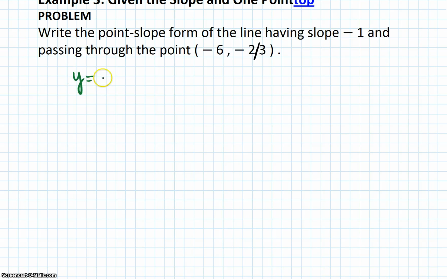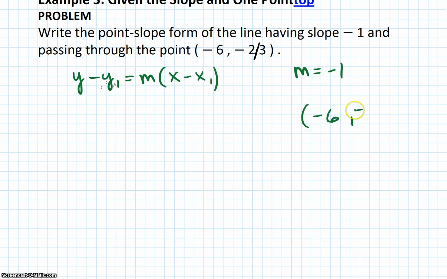Alright, so the point slope form is y minus y1 equals m times x minus x1, where the slope is -1 and our point is (-6, -2/3), where -6 is x1 and -2/3 is y1.